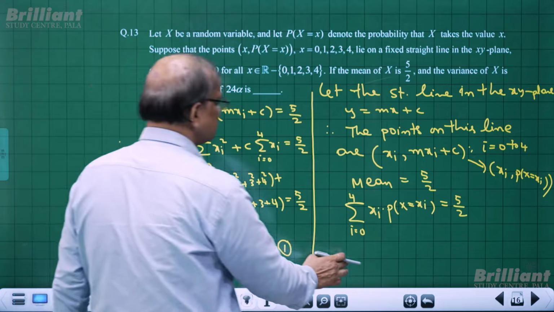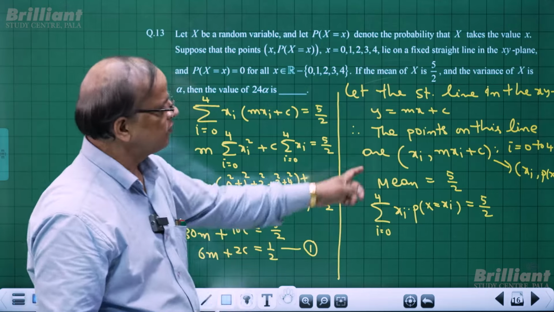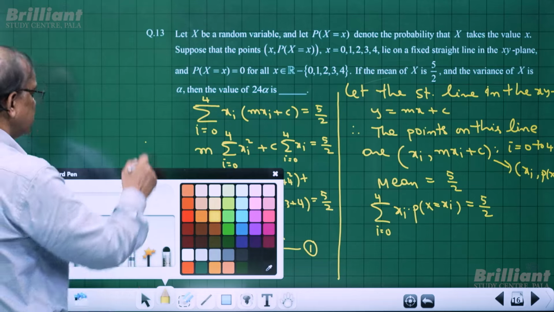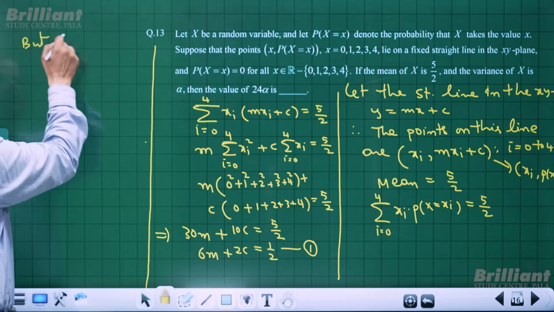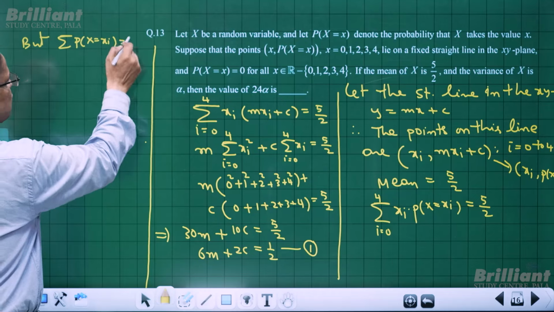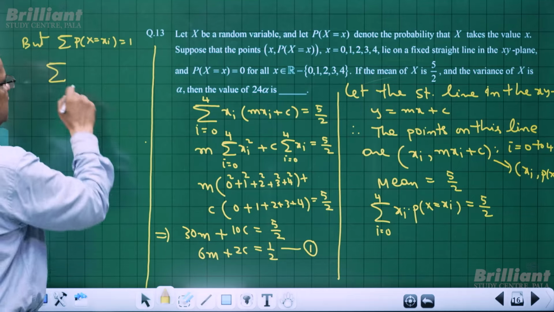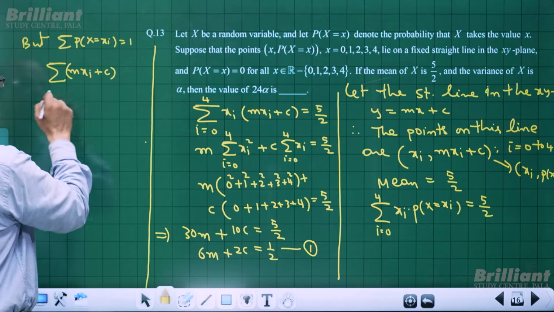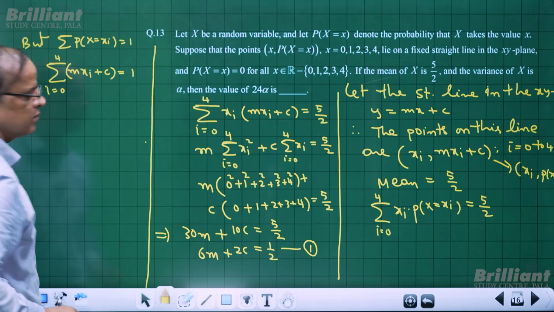Now, one more condition we know: for a random variable, the sum of the probabilities is 1. So sigma p(x = xi) is equal to 1. Here this is m xi plus c, i equal to 0 to 4, equal to 1.